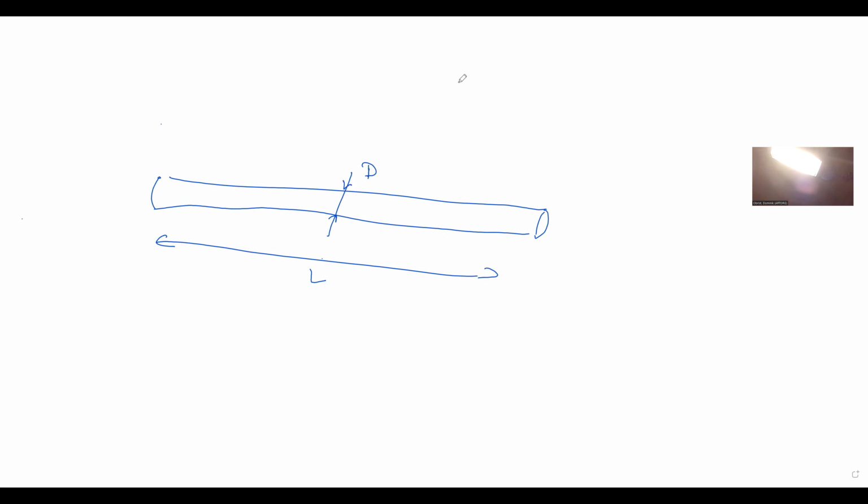I guess you get the idea. And this tube has a length L. It has a diameter D, and there's a flow going through this tube, which we call Q.